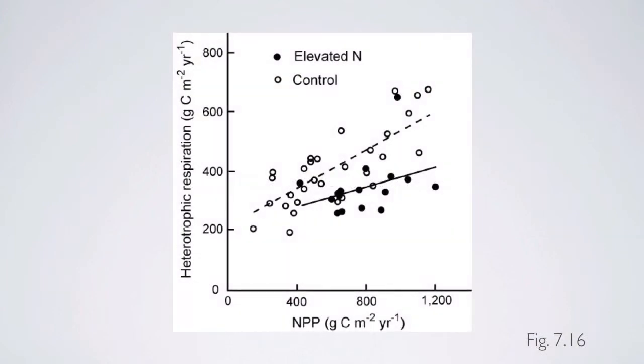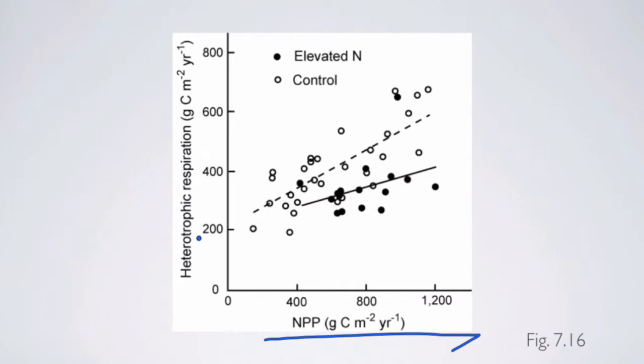As an example, this is a graph that shows the amount of heterotrophic respiration, which is essentially microbial respiration in soils, relative to net primary productivity. So this is a productivity gradient and these are for different forests. So when you look across forests, here are differences in NPP, grams of carbon per meter squared per year. This is how much carbon is produced in those forests, low fertility, high fertility forests.